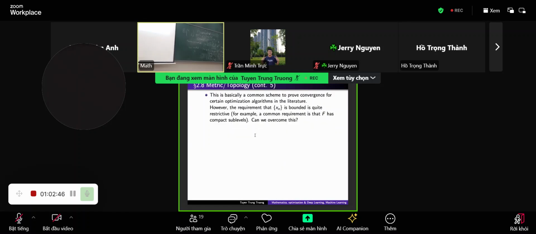Now, in general, x_n might not be contained in a compact set, because maybe the function doesn't have compact sub-level sets. So can you do something?